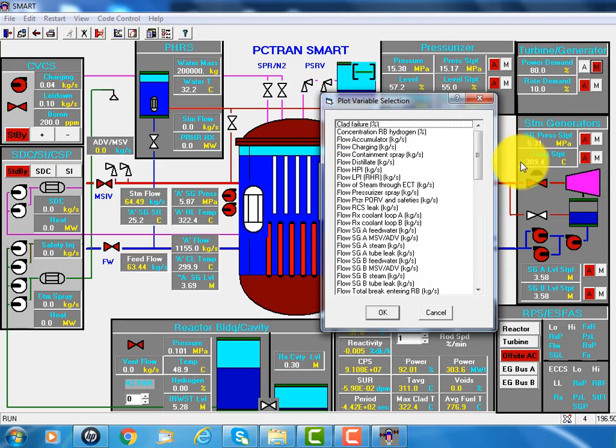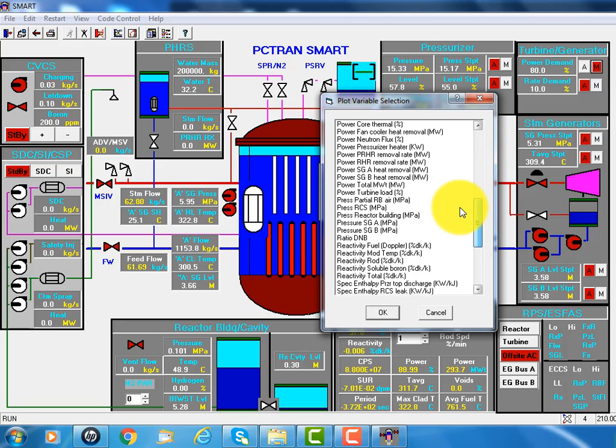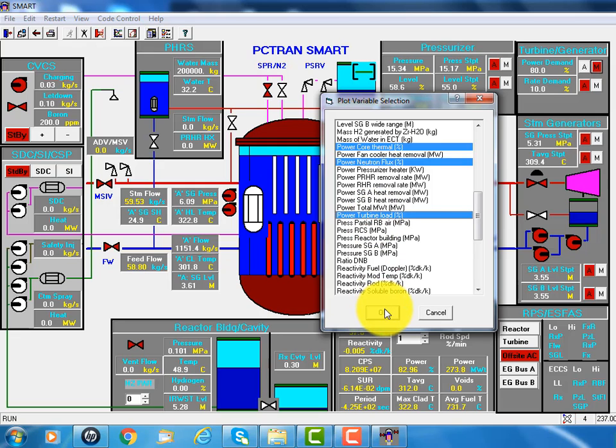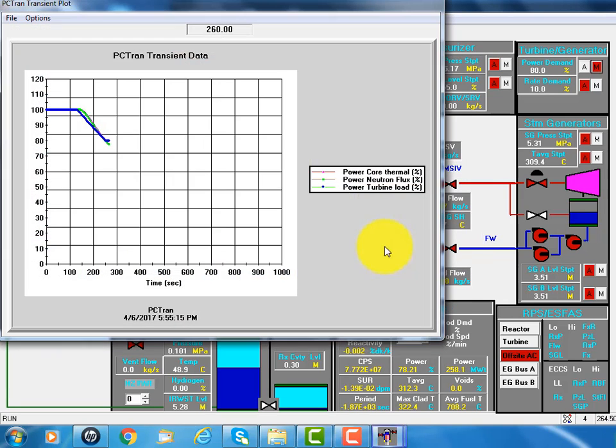So the variables we will look at are the core thermal power, the neutron flux, and the turbine load. Click OK, and set the time span in seconds.